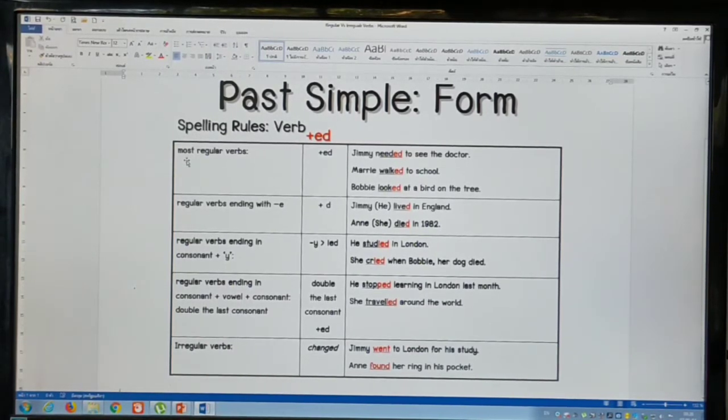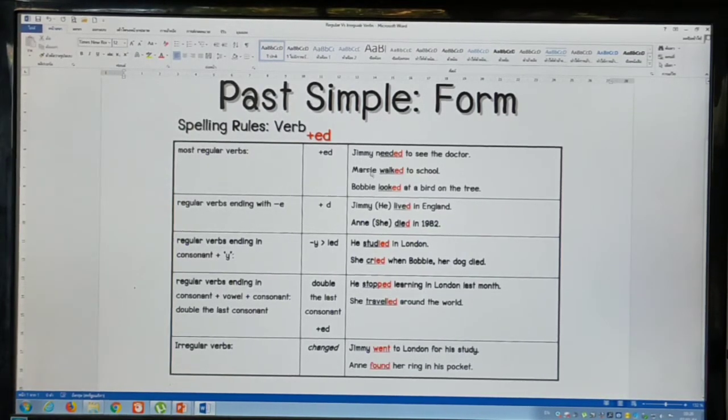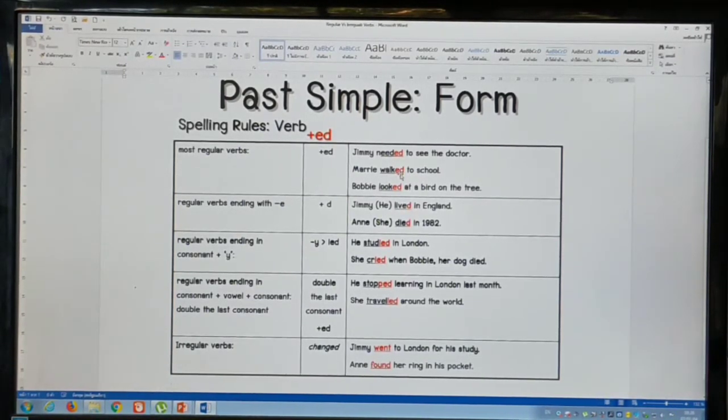For regular verbs, most regular verbs just add ed to the base form. For example, Jimmy needed to see the doctor. Mary walked to school. Bobby looked at a bird on the tree. So Jimmy needed, you add ed to make it verb 2. Mary walked to school. You add ed also to make it verb 2.